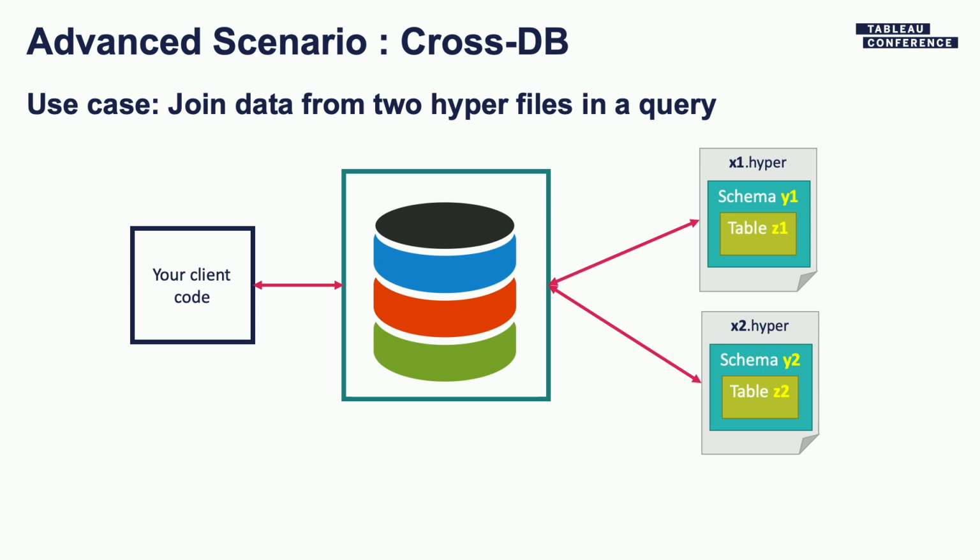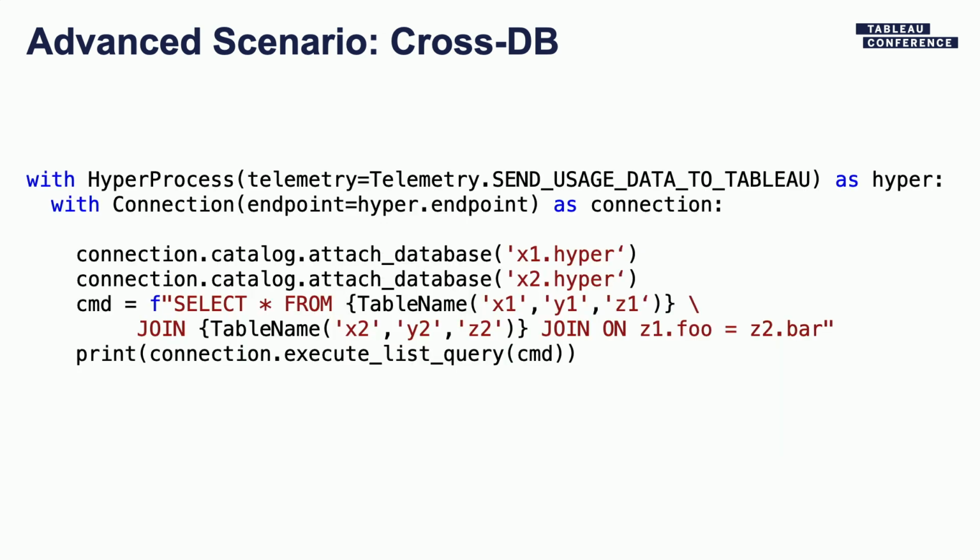That's really nice, because when you have a connection, you can attach databases to a connection. So you can see here in this connection.catalog attach database x1.hyper and x2.hyper. This will attach those 2 databases to Hyper. Means now you can query data from it.